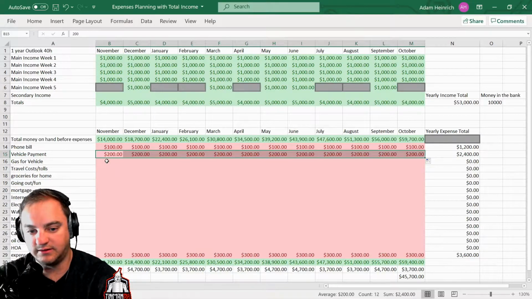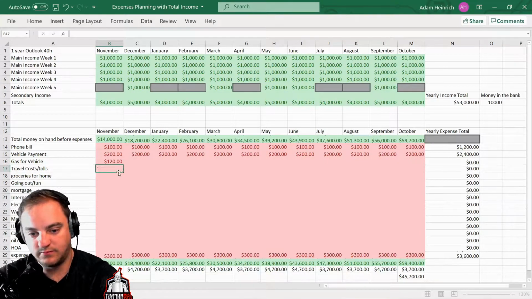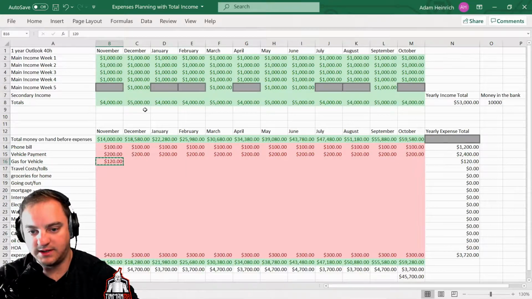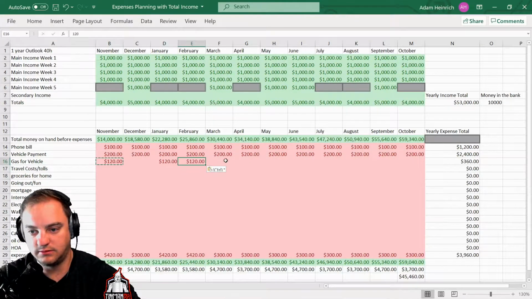Gas for your vehicle. I like to try to figure this out per week. So per week, let's say $30, and 30 times 4 weeks in the month. That's kind of how I like to figure this out. So 30 times 4 is 120, right? So for all of the months that have 4 weeks, I go ahead and paste this in here.